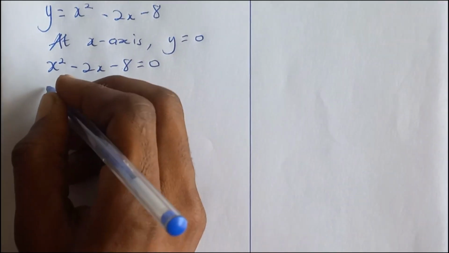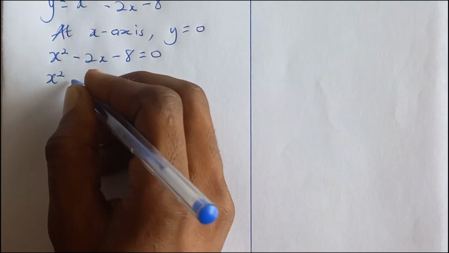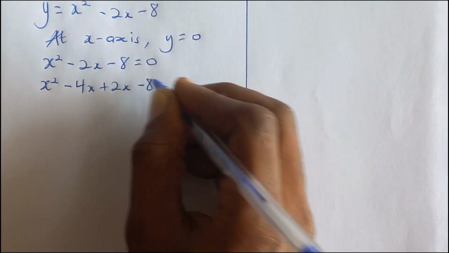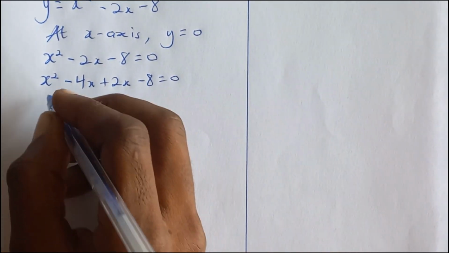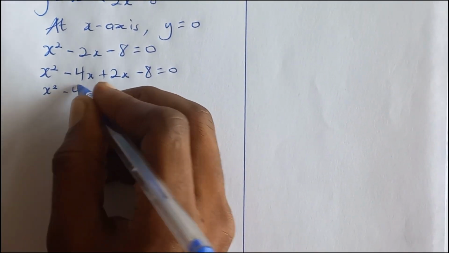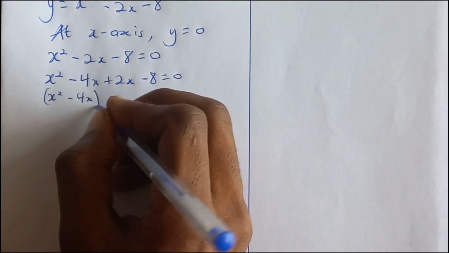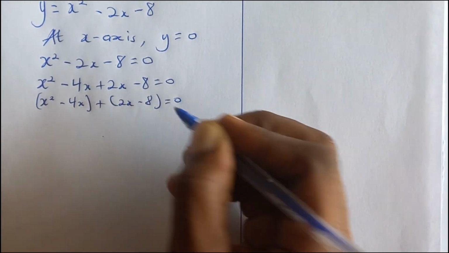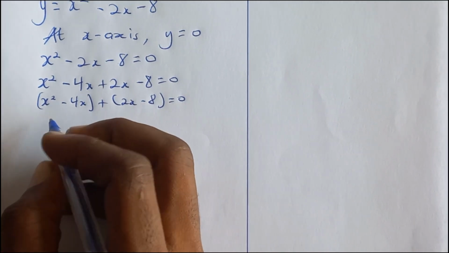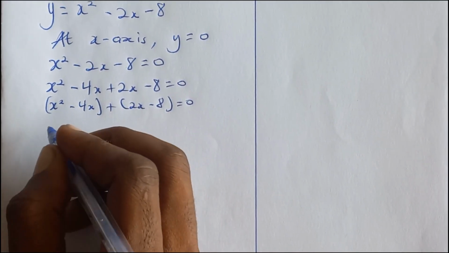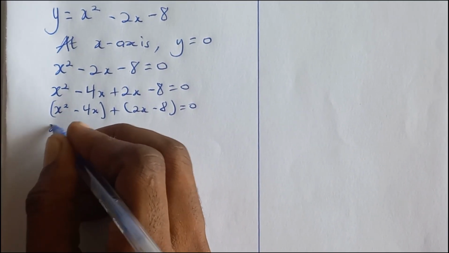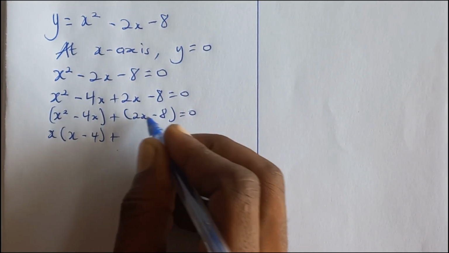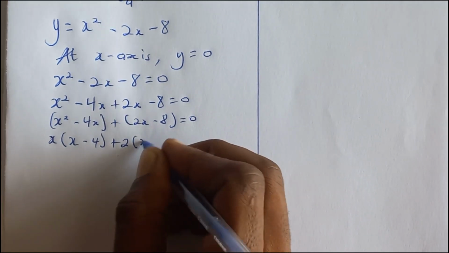So we get x squared minus 4x plus 2x minus 8 is equal to 0. With this, we can factorize. We get x into bracket x minus 4, plus 2 into bracket x minus 4.